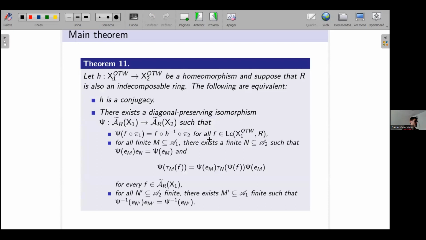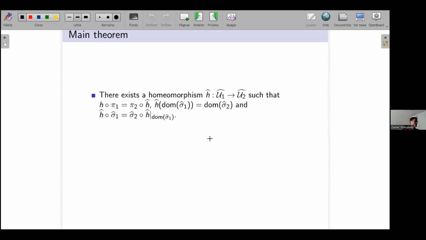Yeah, they're defined in the paper. Let's see if I can say what the pi maps are. The pi maps are projections.